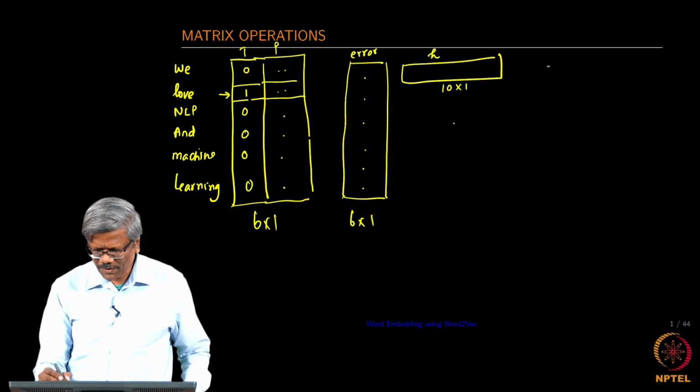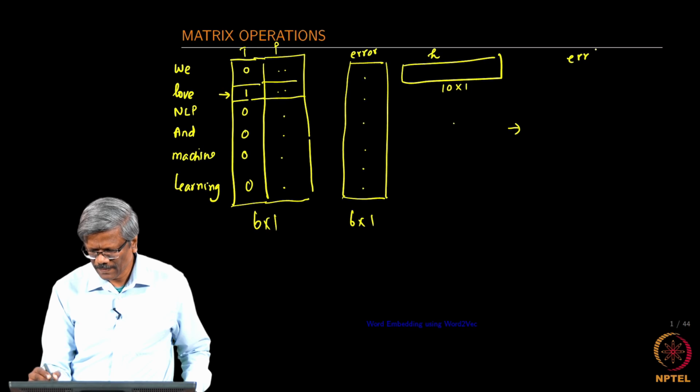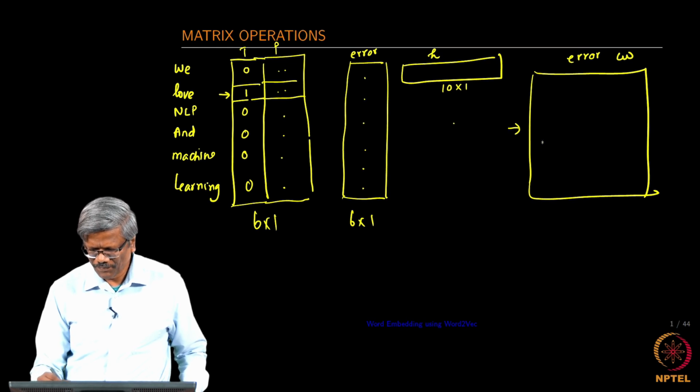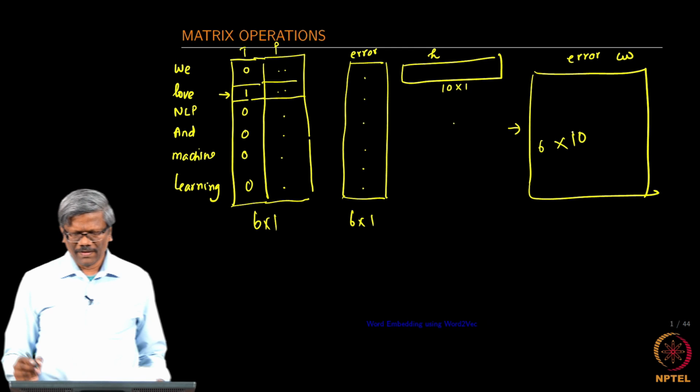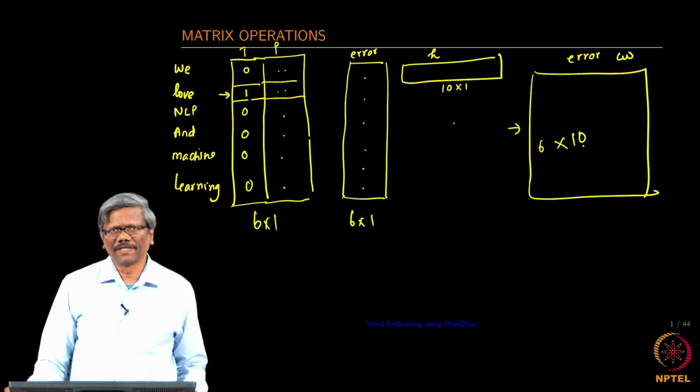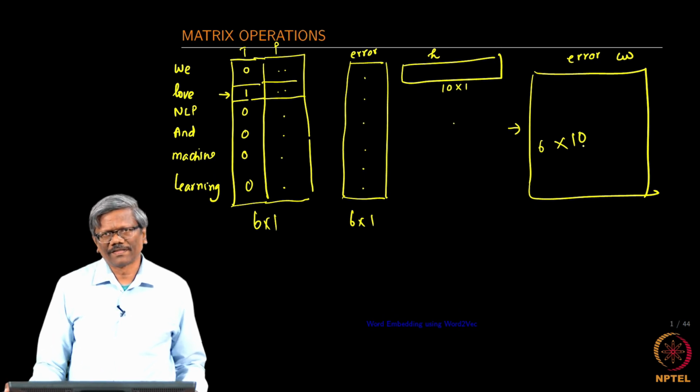So when you compute this, what you are going to have is the error that you want to propagate for context weight, right. So when you do that, you get another matrix of size 6 by 10, right. So and this is what you are going to be using to really update the context weight that you have.